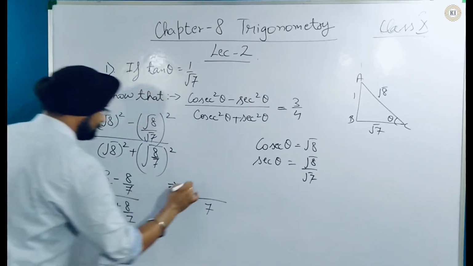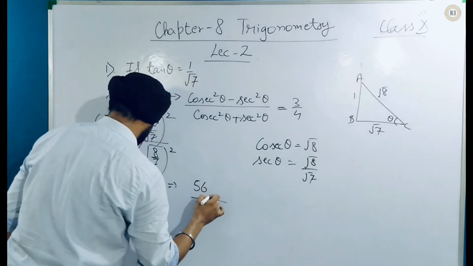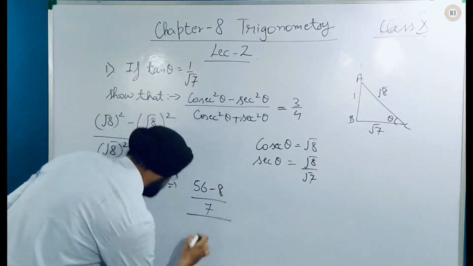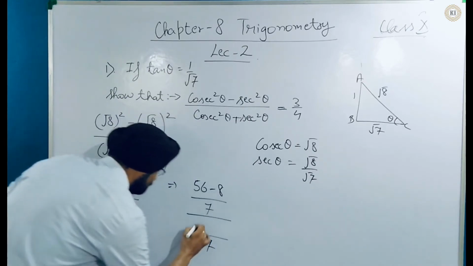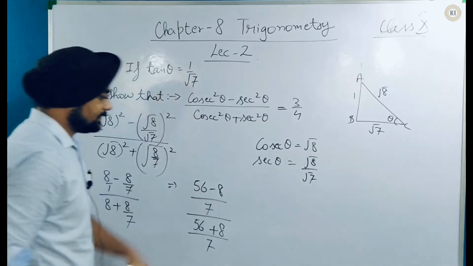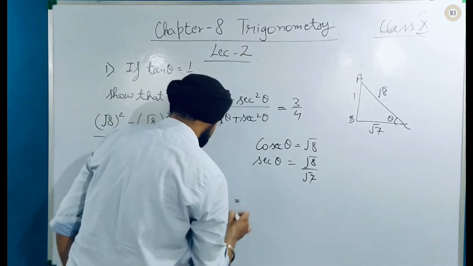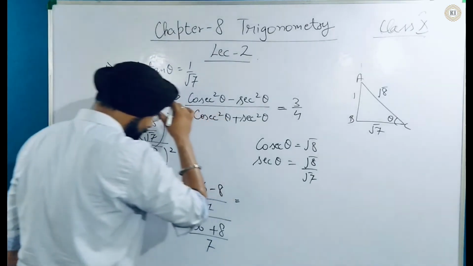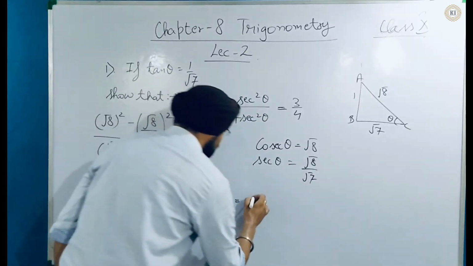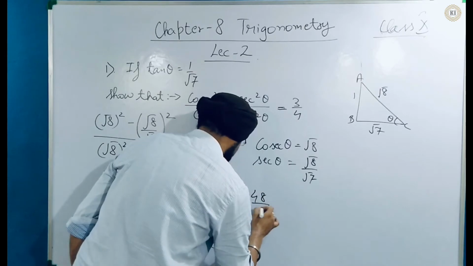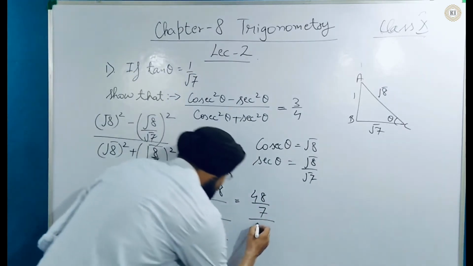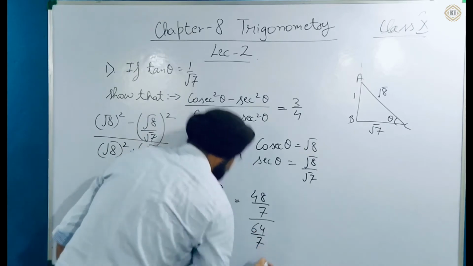It will come 56 minus 8 upon 7, and 56 plus 8 upon 7. So 56 minus 8 will be 48 upon 7, upon 56 plus 8 which will be 64 upon 7.